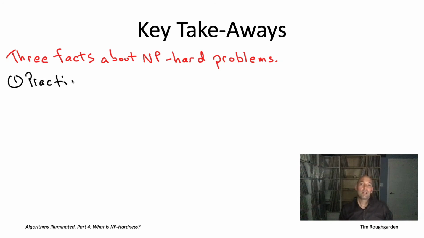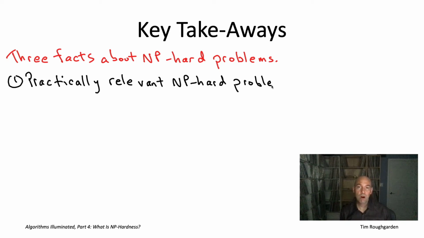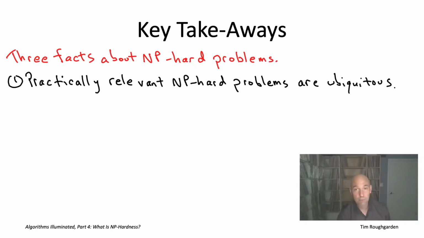First of all, it's important to know that NP-hard problems are everywhere. Despite the fact that most algorithms textbooks talk mostly about polynomial-time solvable problems, in real life, you are very likely to encounter NP-hard problems. So no one did anything wrong if an NP-hard problem all of a sudden shows up in some important project. It's just inevitable. The second thing to know is, at a high level, what does it mean that these NP-hard problems are hard?